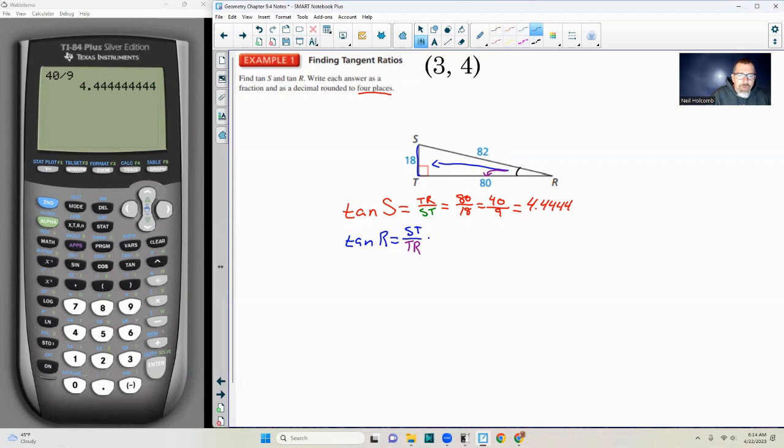Okay, so substitute my givens. The opposite is ST, which is 18 over 80. And that's going to equal 9 over 40.